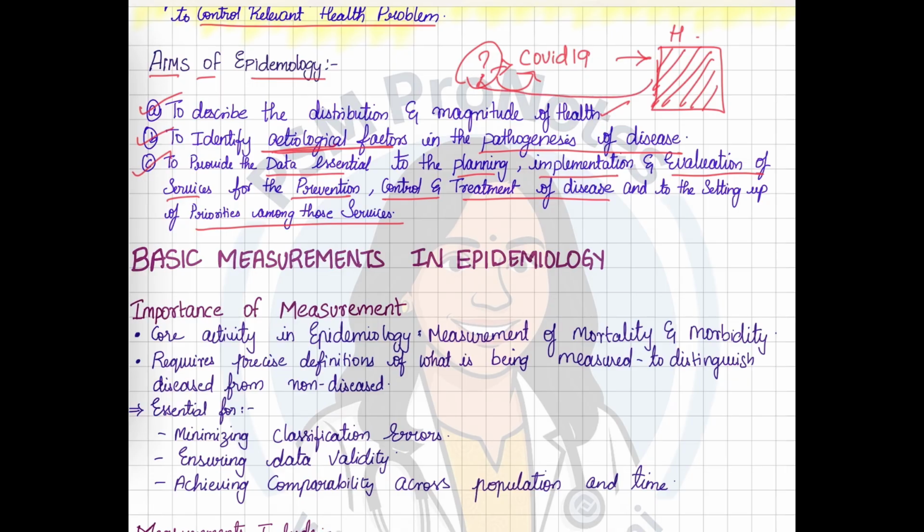After this, to provide the data to plan, implement and evaluate the health services. Like during COVID-19, if an area was quarantined, we supplied them with essentials, medicines and emergency care.